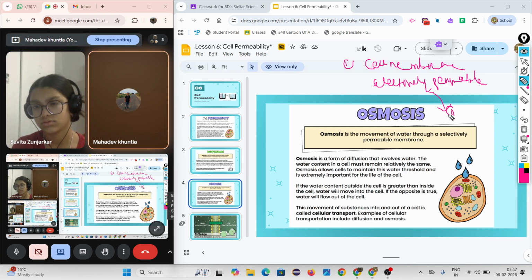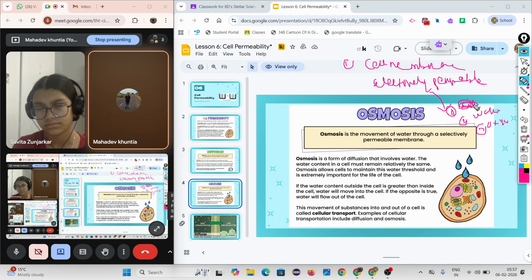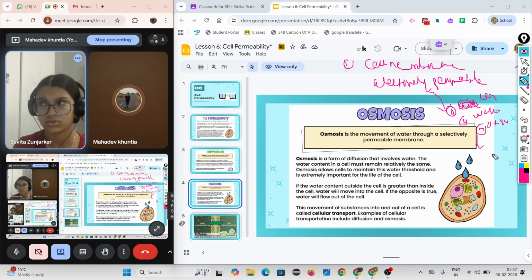It depends on the cell. That is water, air, oxygen, and carbon. Then tell me, how do water, air, and oxygen go inside the plasma membrane? Because of diffusion.